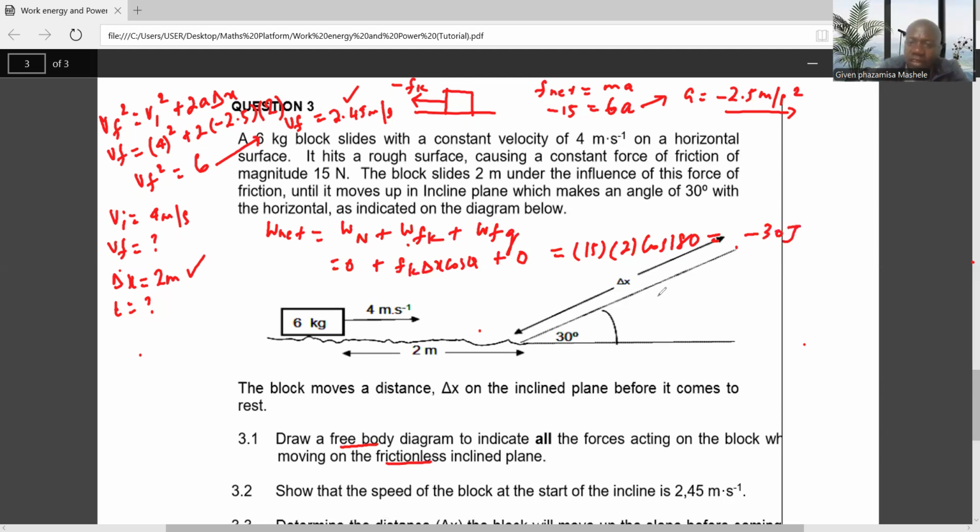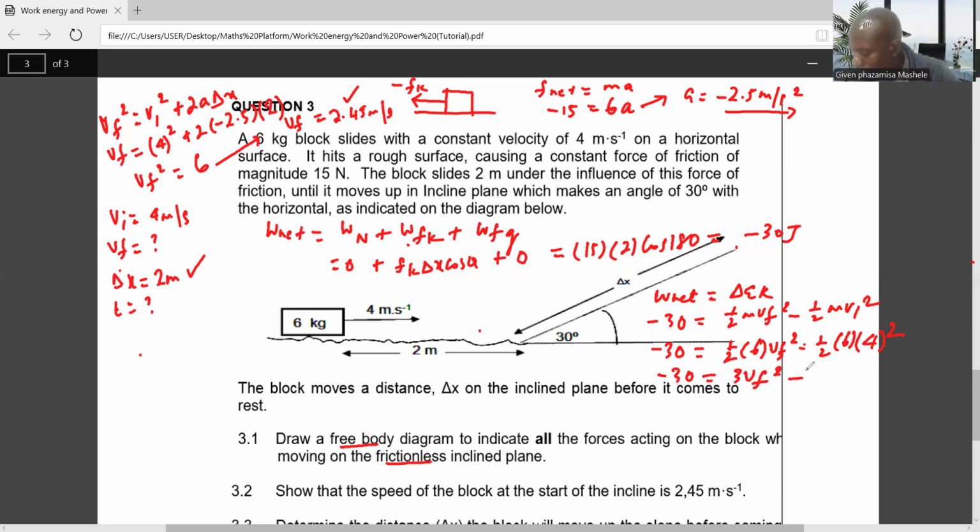So with that, we can say the net work done equals the change in kinetic energy. So we know it's negative 30 here. This is half m vf squared minus half m vi squared. Minus 30 equals half, what is the mass? 6, vf squared, minus half 6, what is the initial? 4 squared. Half of 6 is 3.